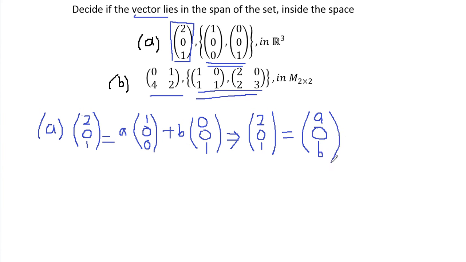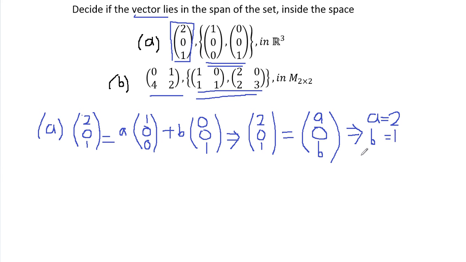By comparing the coefficients, we can see that A equals 2 and B equals 1.